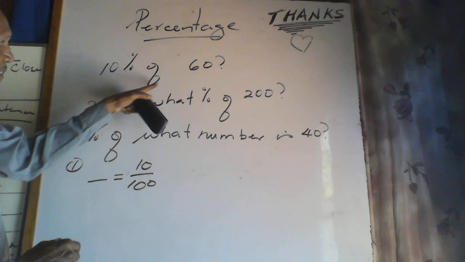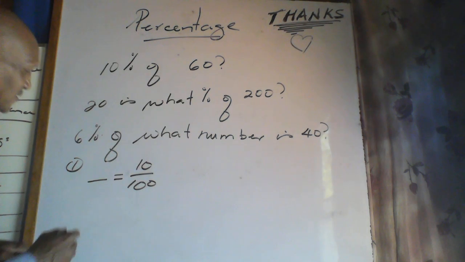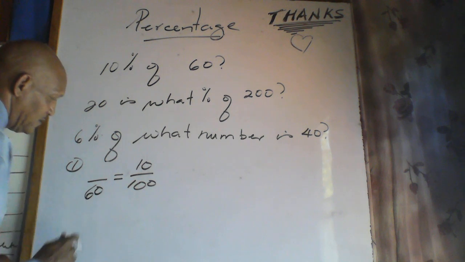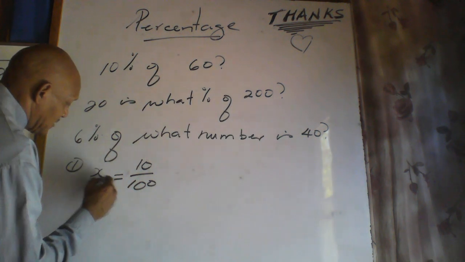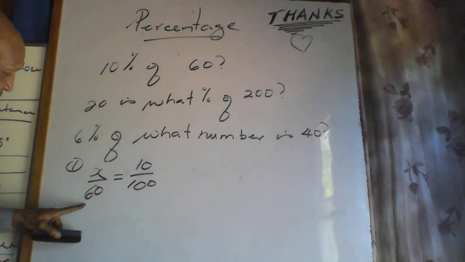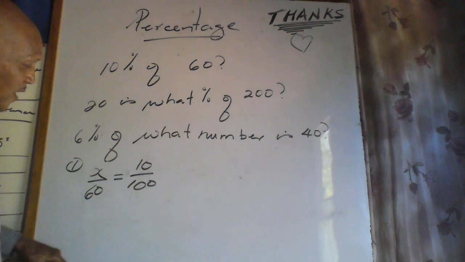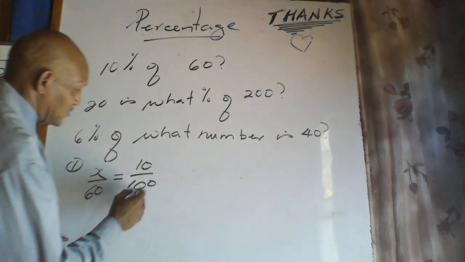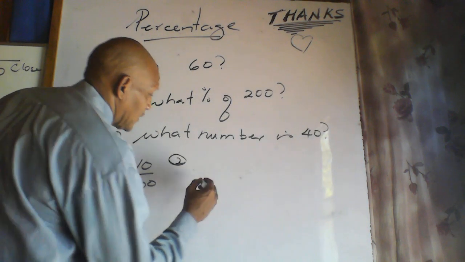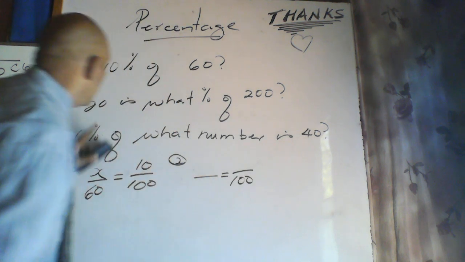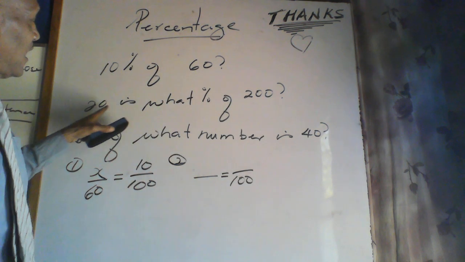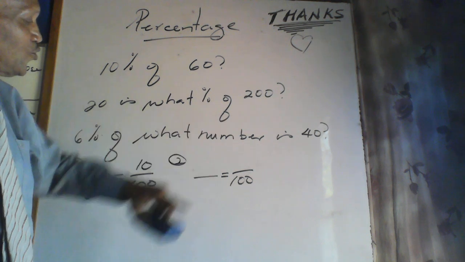Of 60. 60 came after "of." That's the whole. Trust the formula. Trust the rules. And we're trying to find the part. X over 60 equals 10 over 100. That's the setup. That's number one. Number two, part over whole is equal to percent over 100. The question is, 20 is what percent of 200?